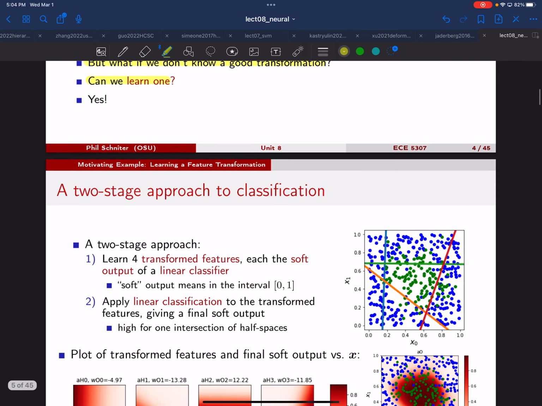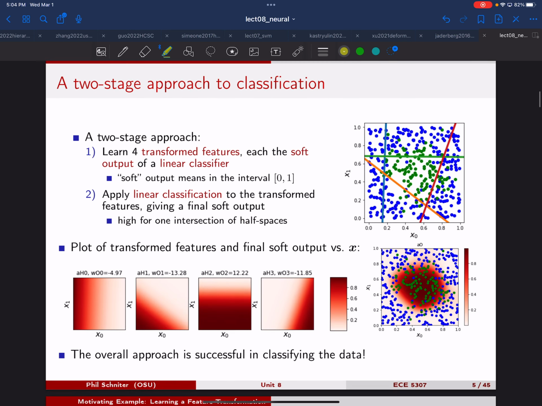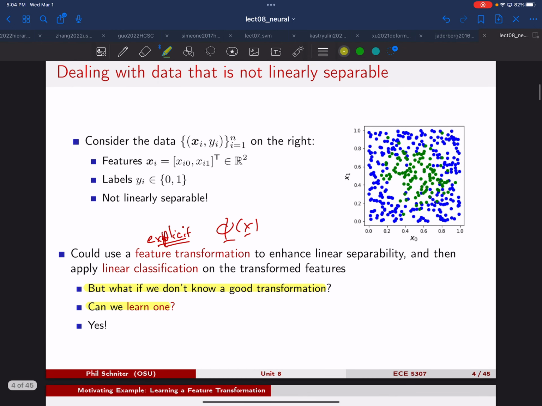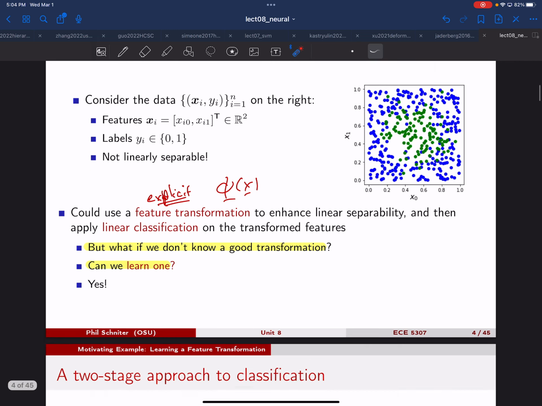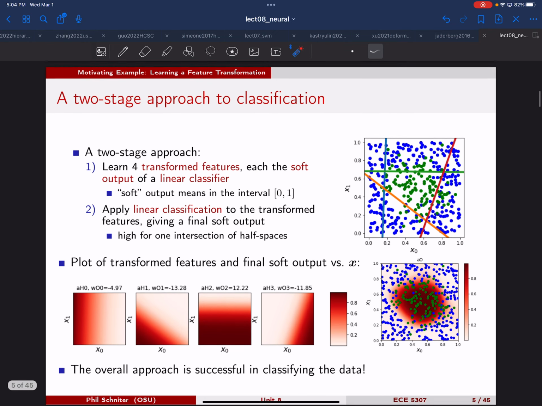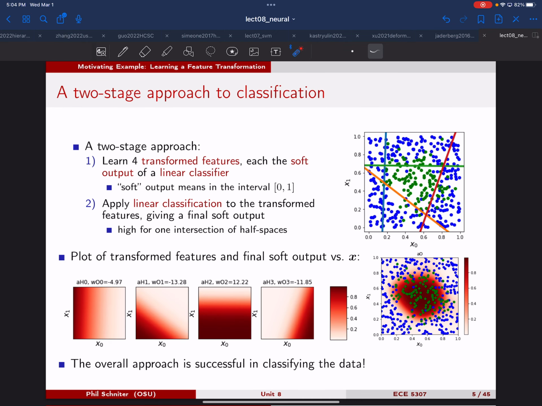And we'll show how this works for a simple data set. Like this data set, as you can see, green points in the middle, blue points on the outside. It's not linearly separable. But we're going to talk about a very specific way to generate some intermediate features, based on what we learned with linear classification. We're essentially going to cascade two stages of linear classification.